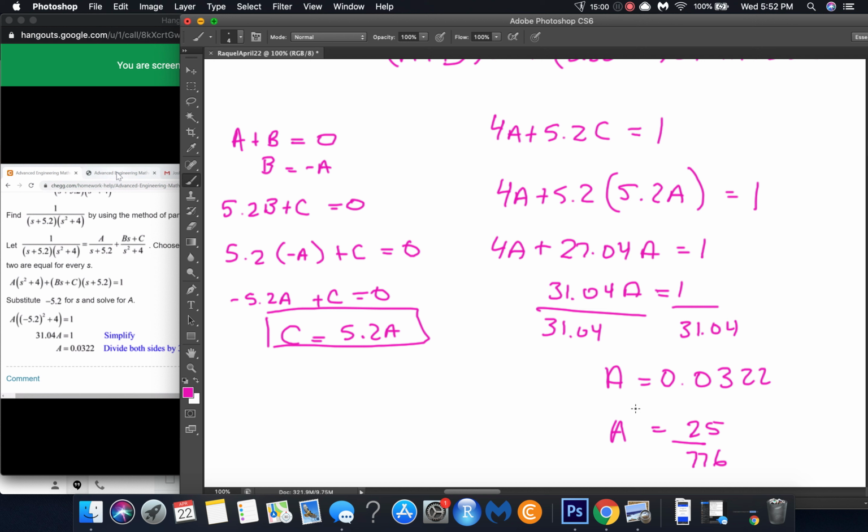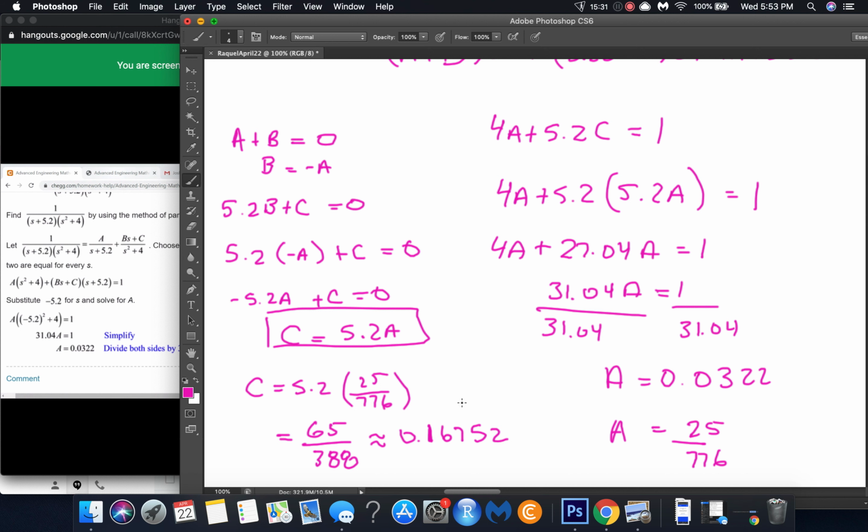Okay, and then we can use a to find c and b. So c then becomes 5.2 times 25 over 776. That's going to be equal to, in fraction form, 65 over 388, which is approximately 0.16752.